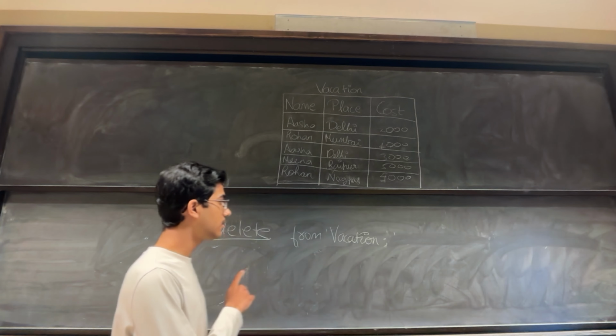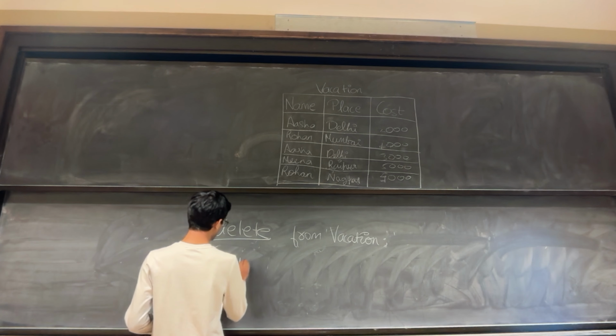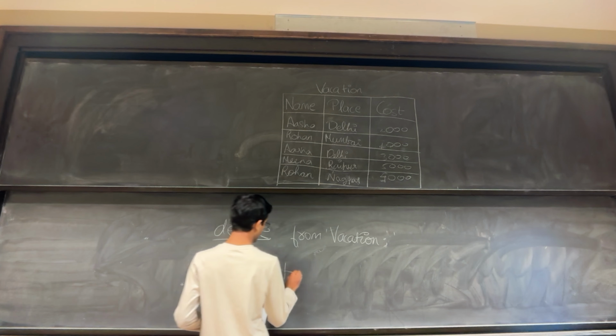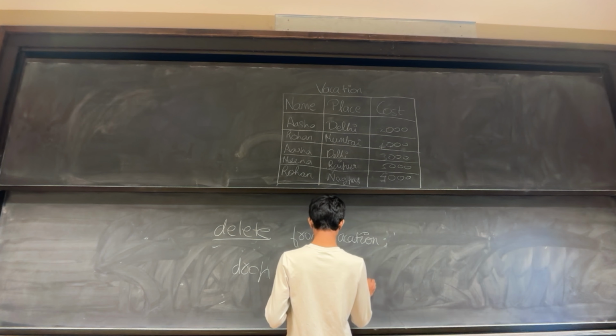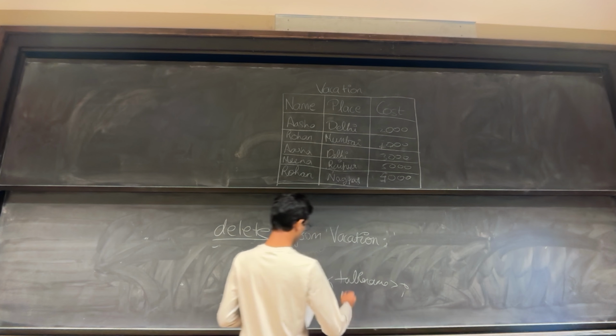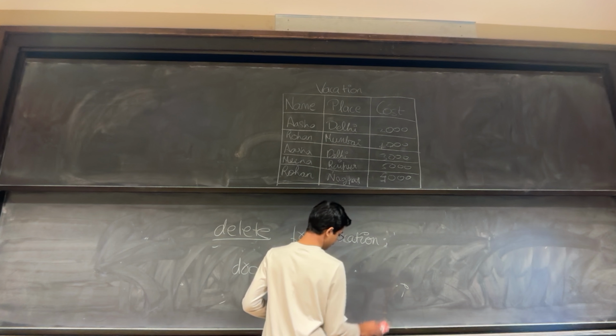If you want to completely remove the table from the database, you'll write drop table name. So in this case it would be drop table, and instead of table name you will just write vacation. This would completely delete that table.